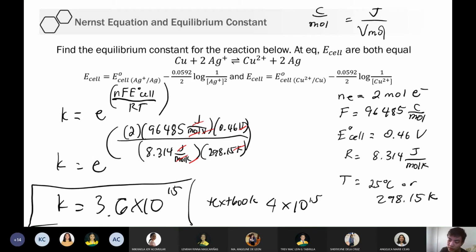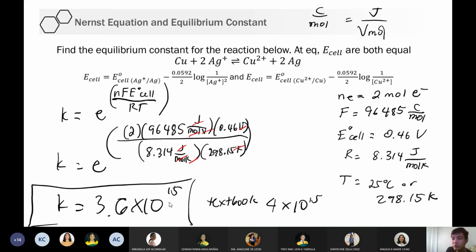Saan possible yung difference? Pwede magkaroon ng difference kapag yung temperature, minsan may 0.15, minsan wala, no? Pero anyway, subtle lang naman yung difference, no? Ang mahalaga, times 10 raised to 15 yan. Okay. So again, knowing that the K is greater than 1, this is greater than 1 raised to 15 nga. So ilan to? Billion ba to?